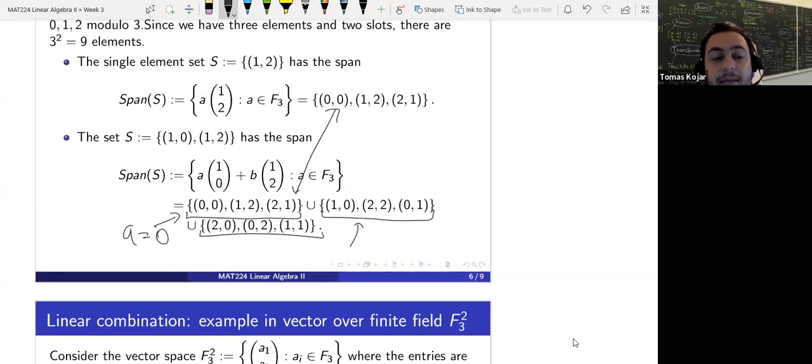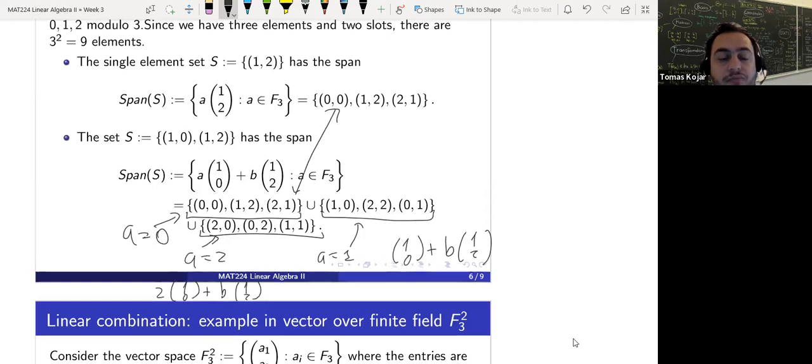Here I set A to be 1. So I have 1, 0 plus B 1, 2. So I get these 3 elements. And here I set A to be 2. So I have 2 times 1, 0 plus B 1, 2. And these are 9 elements. So this is the entire space.